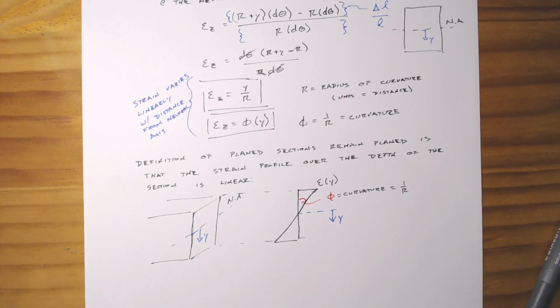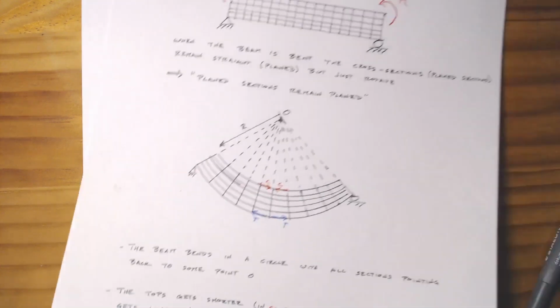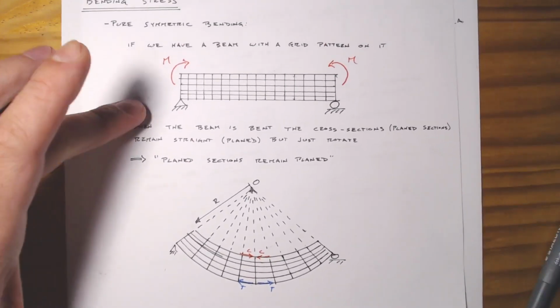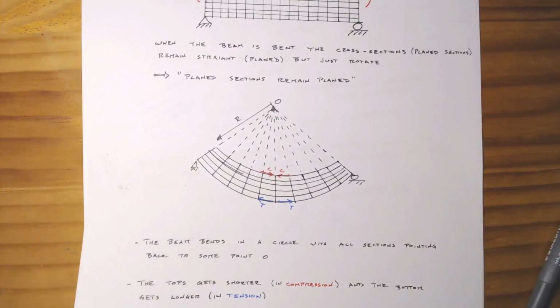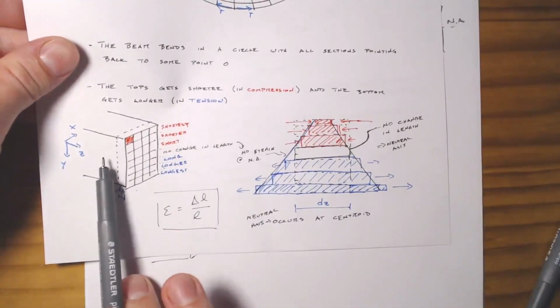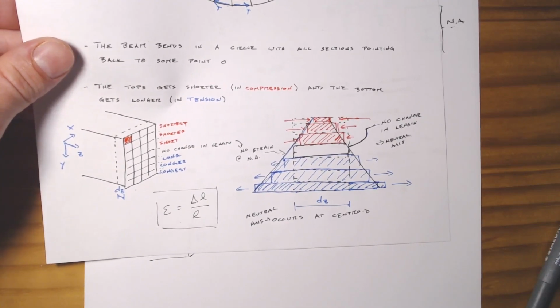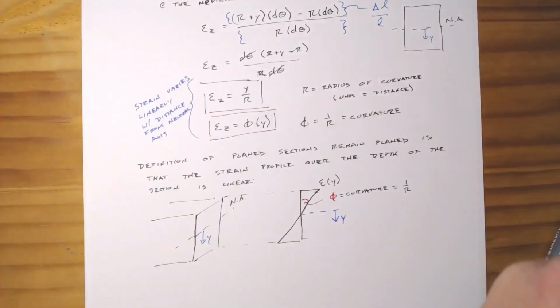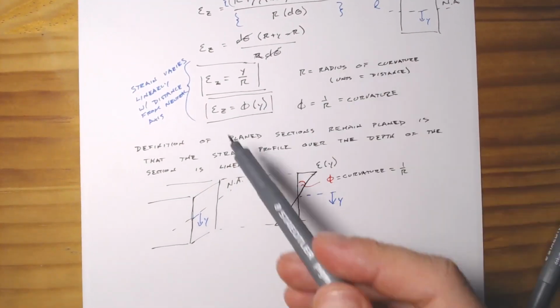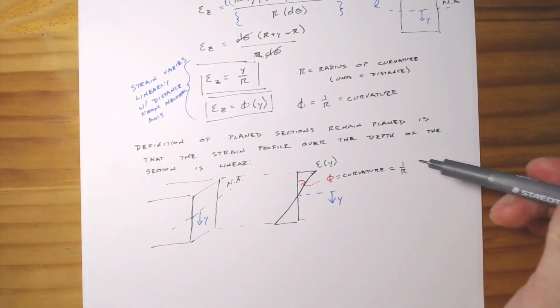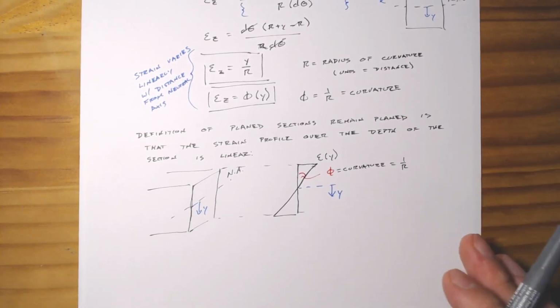So, all right, well, that's all well and good. So now we know how to go from some applied moment, to some physical bending, to the fact that we're going to get shorter and longer based upon our distance away from the neutral axis, turning that into a strain. And now we have that relationship of strain relative to our cross-section.